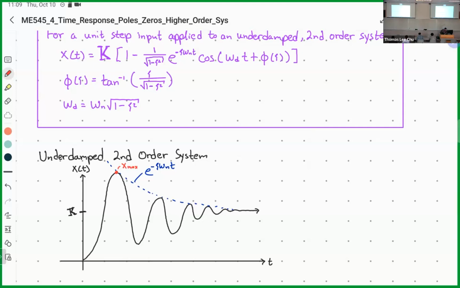The way we define it, this is called the percent overshoot. So let's say our final value is 1 and our maximum value is 1.5, we have 50% overshoot. We denote it like this: percentage sign and OS, that's percent overshoot.